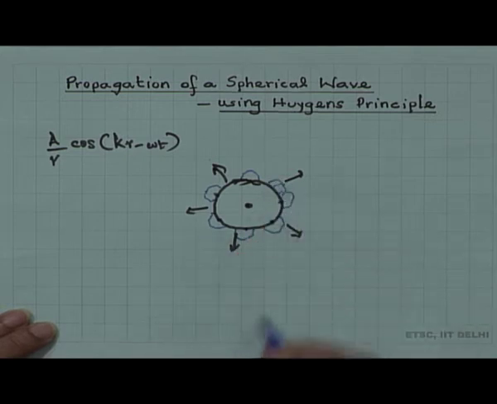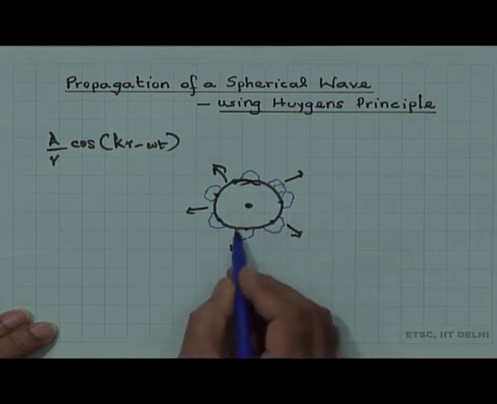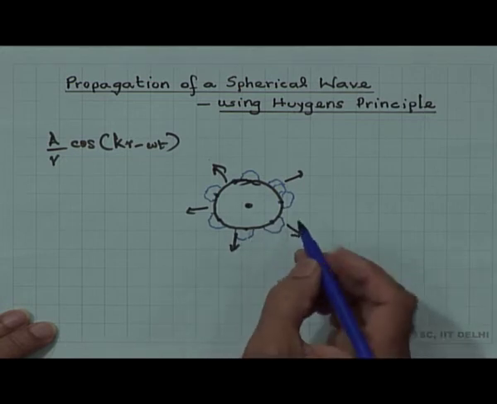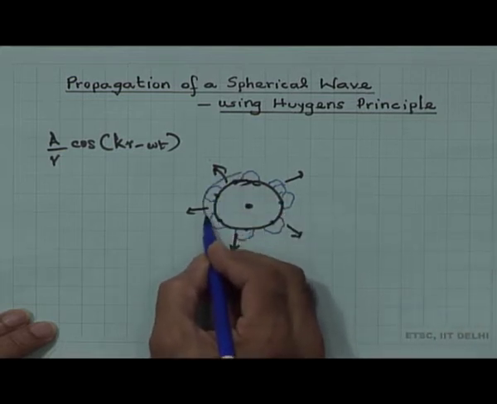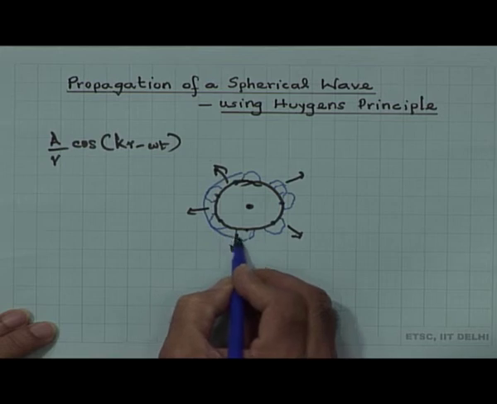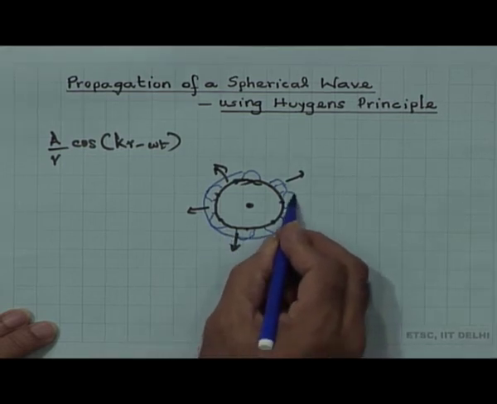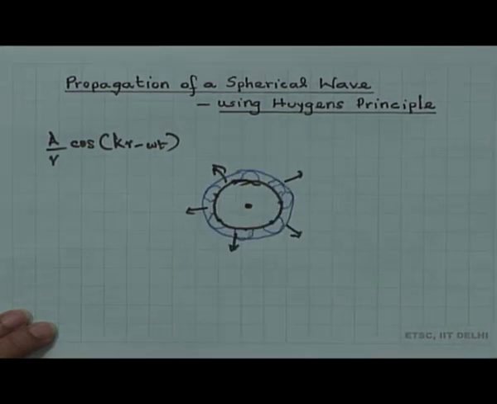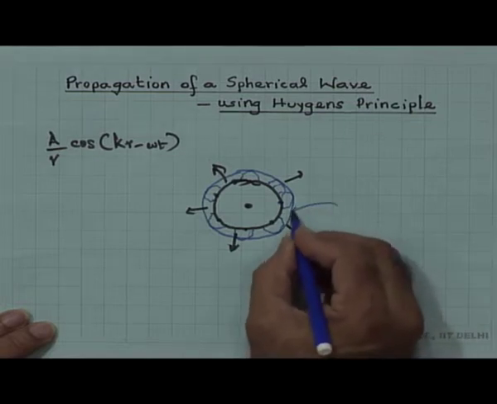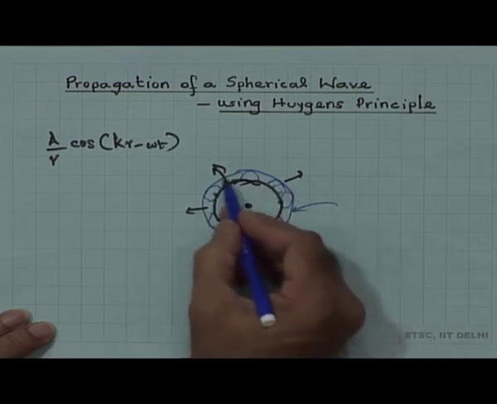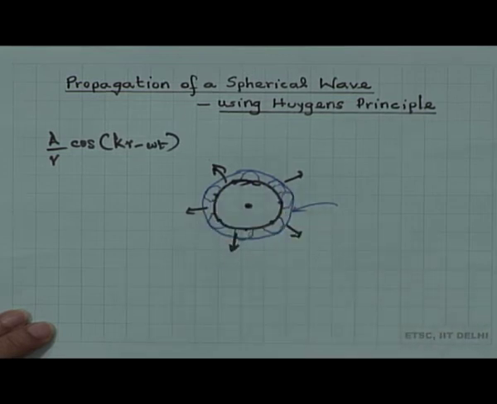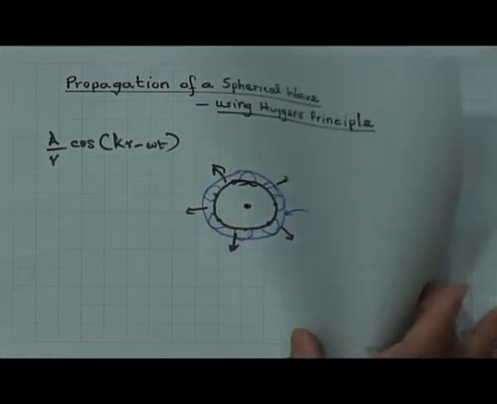So, I have drawn here wavelets, these are secondary wavelets, and the new wavefront will be a surface which will be tangent to all the secondary wavelets, and that would be again a sphere. So, if this is a sphere, then this will be a sphere at a later time t1 plus delta t. Let me put a pre-drawn diagram which will make it more clear.